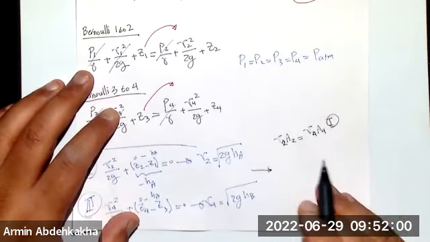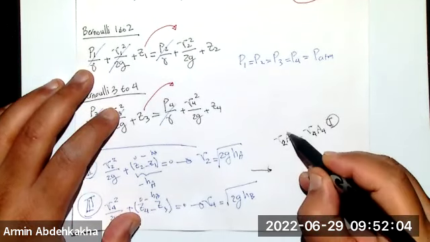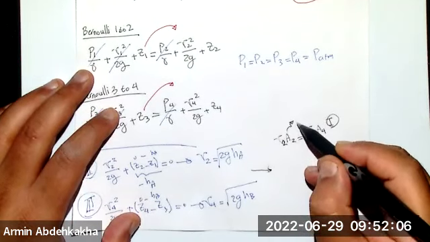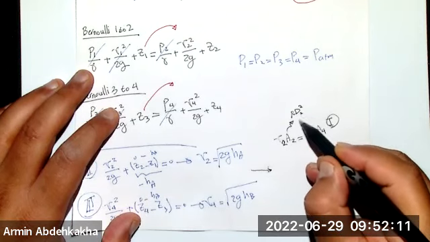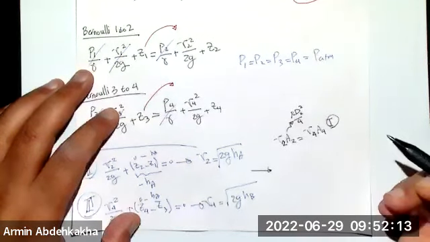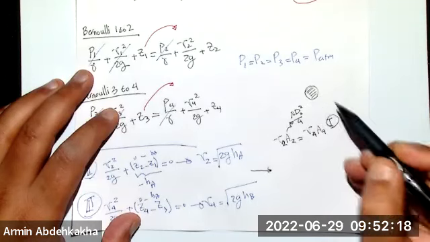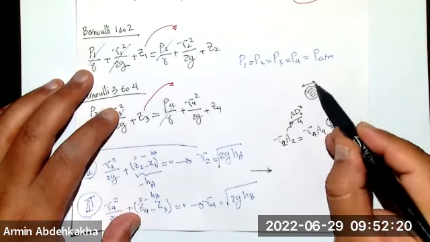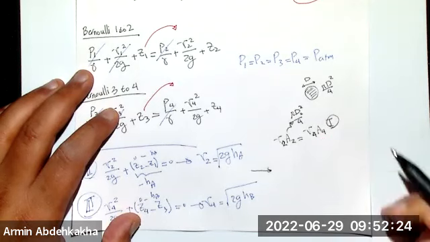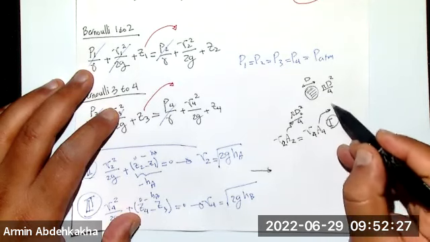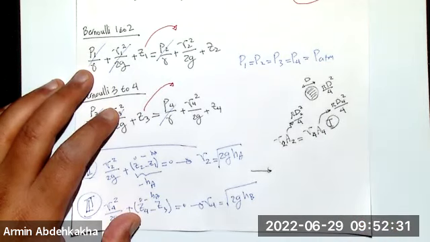Also, I can write that A2 is pi D2 squared over 4, right? That's the cross-section area of the outlet. The diameter is D, so the area would be pi D squared over 4. And also here it is pi D4 squared over 4, right?